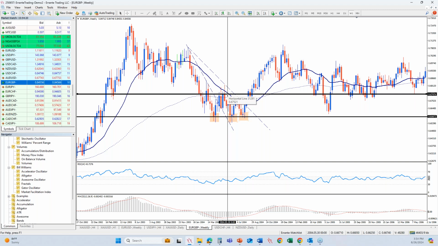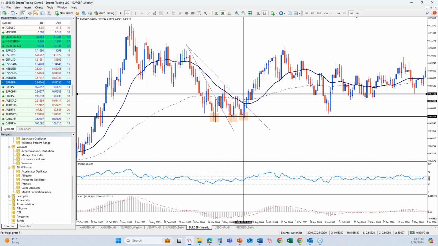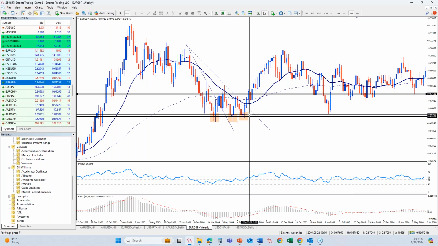So the price then declines again, forming the second peak followed by a third trough, forming the second market bottom, and then we have another rise in the price, followed by a third market bottom.